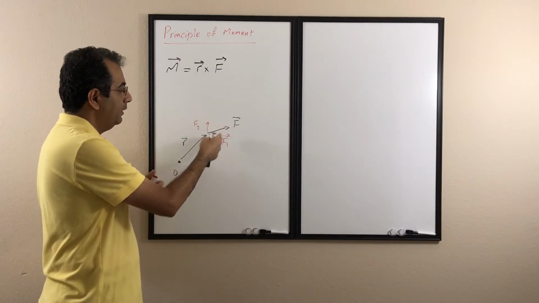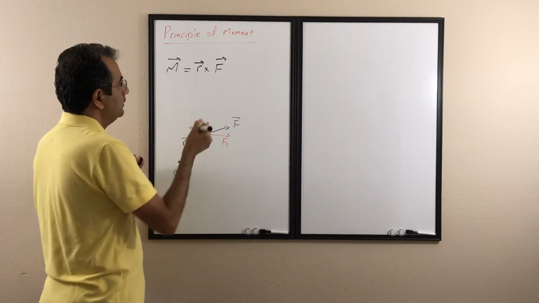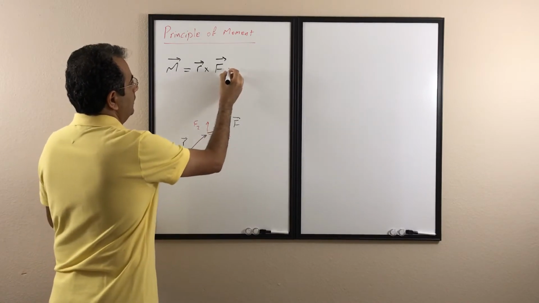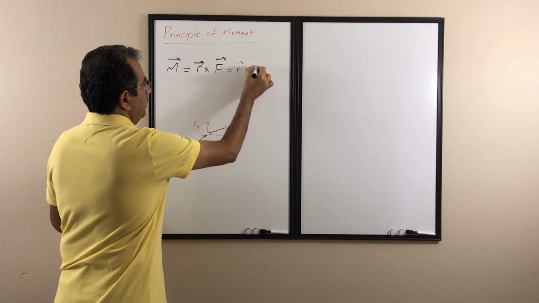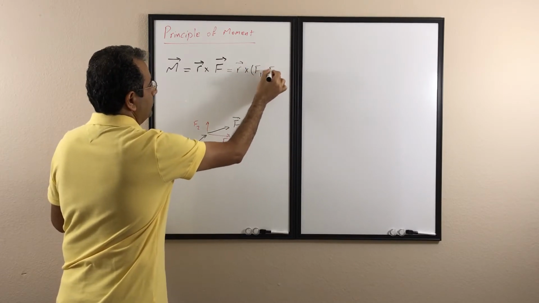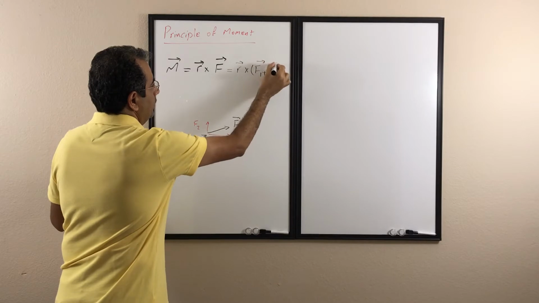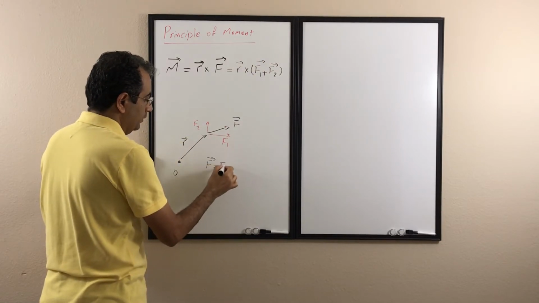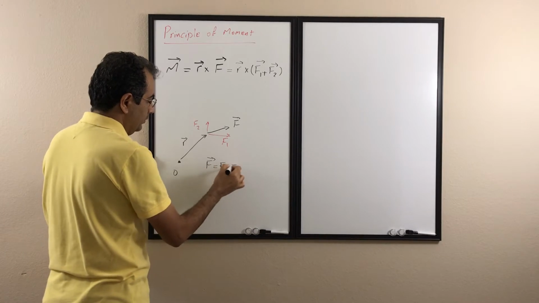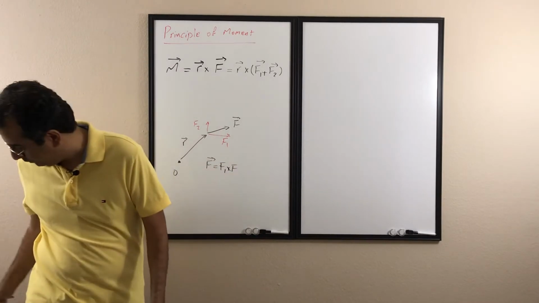So if I have F as its two components, then it's going to be R times F1 plus F2, which in this case, F is equal to F1 plus F2.